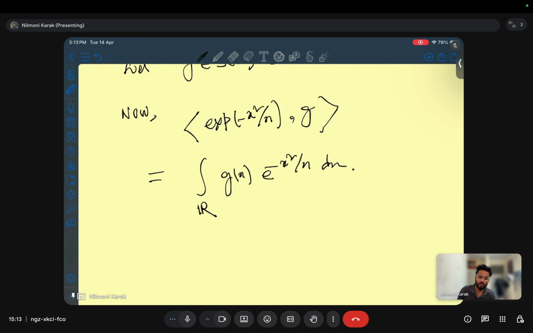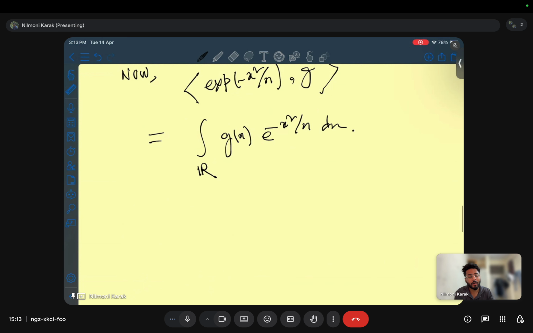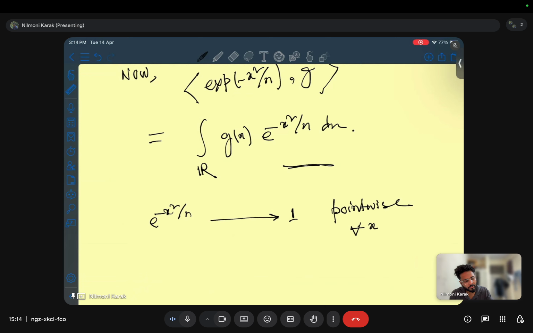Now how to deal with this? See, exp minus x square by n goes to 1 pointwise for all x.